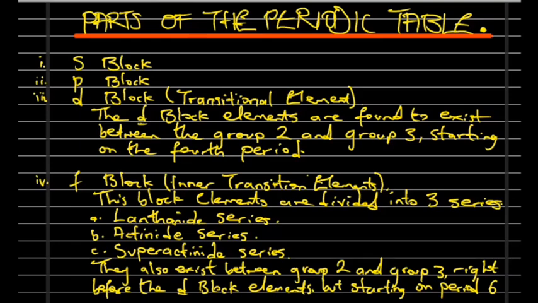So briefly, let us look at a sketch of what the periodic table will look like. Like we said, we have the S block. So I will just put them in perspective. We have the S block that is found somewhere in front like this. Far to the right is where we now have the P block elements. We have them drawn like this.